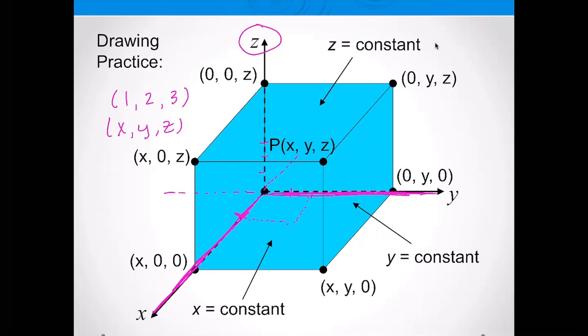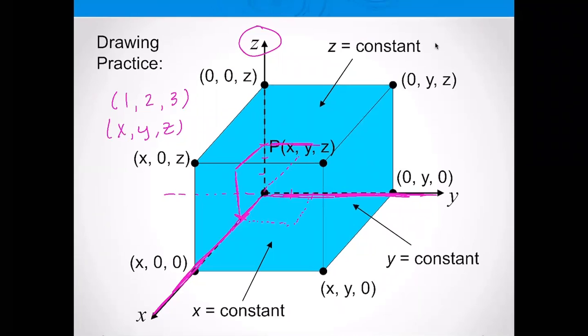So when you do that, you're actually creating a cube, which is kind of what you see here is created in blue. So we would create something that looks like this. And our point that we are looking for, our 1, 2, 3, would actually be this point on the corner here. So drawing them is usually better if you draw this cube and you plot your point.